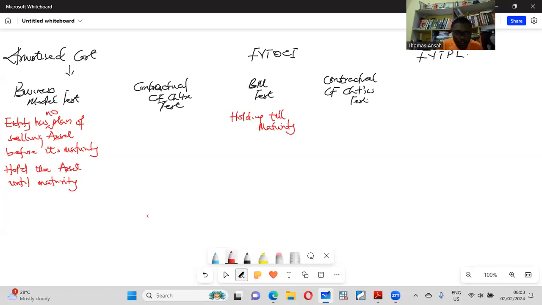Under amortized cost, the only reason the asset will be sold is because they have cash flow problems. When they sell it, they are going to use the cash in the office.